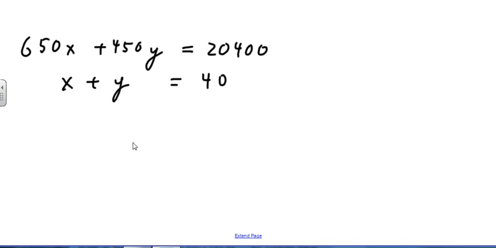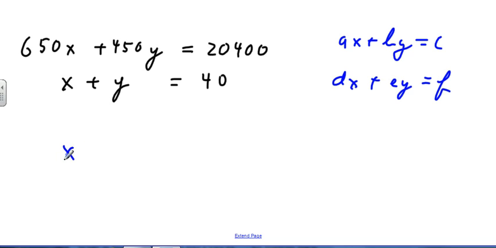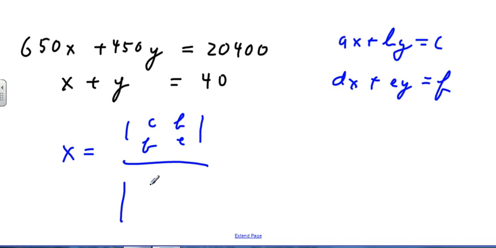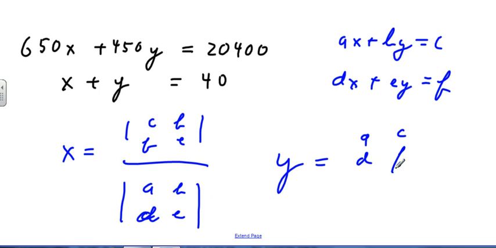All right, so Cramer's rule says that if I have ax plus by is equal to c, and dx plus ey is equal to f, then x is going to equal the determinant of c, b, f, e divided by the determinant of a, b, d, e, and y is going to equal the determinant of a, c, d, f divided by the determinant of a, b, d, e.